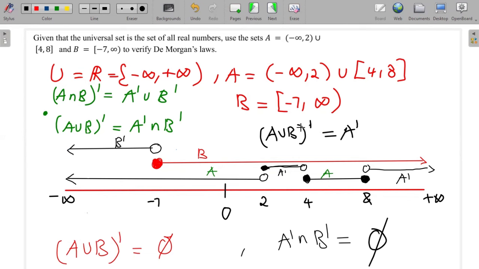This complement, when you take it to the union, it will change the union to the intersection. Okay, so it becomes intersection. Then this complement, putting it on this B, will just be B complement. That's how we come up with them. Okay, thank you.